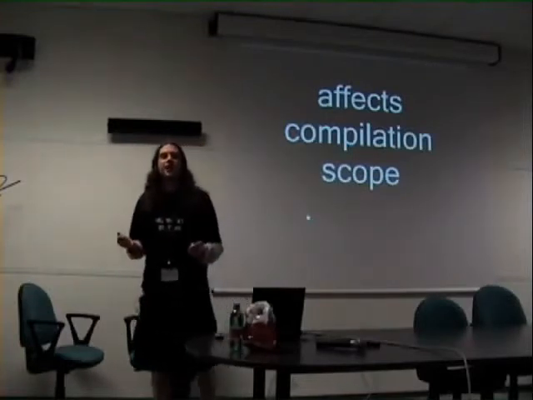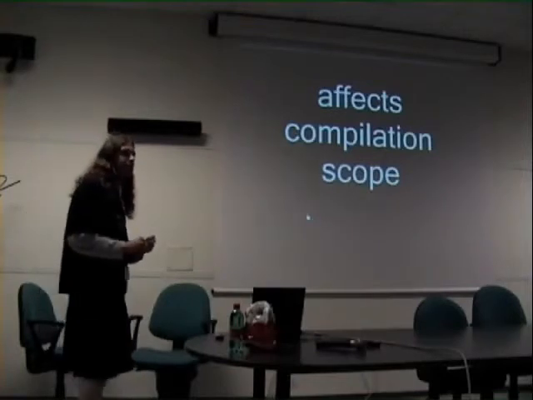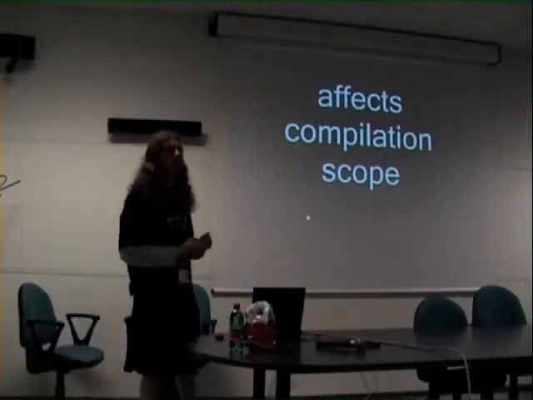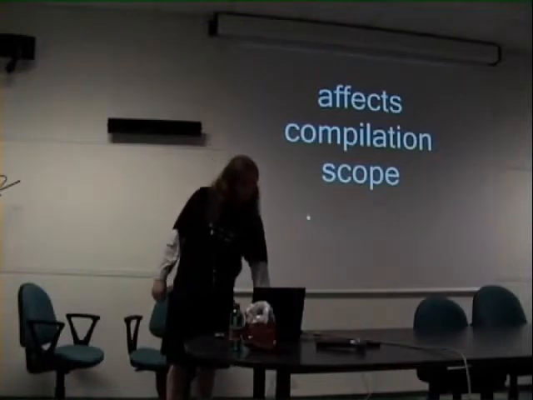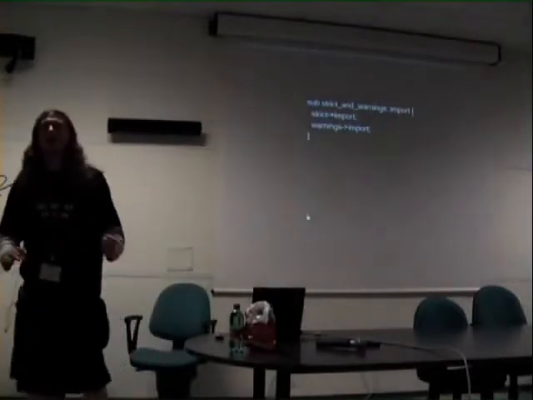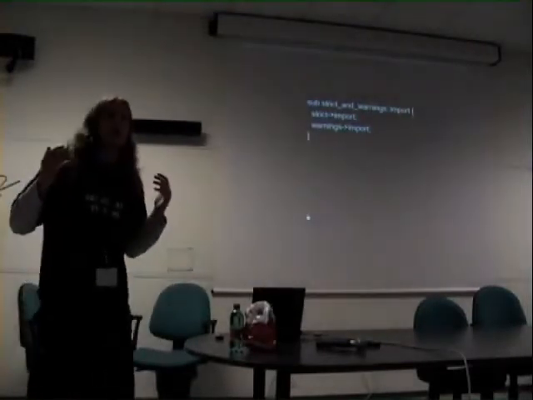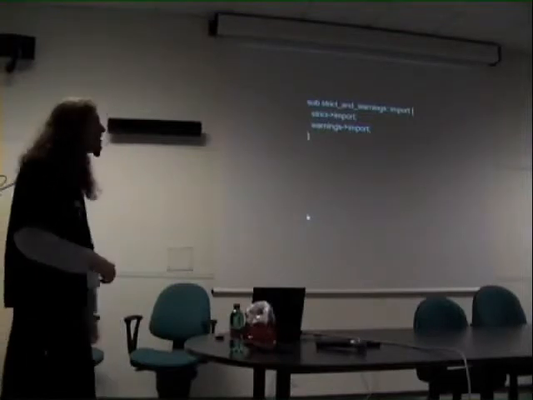And warnings does the same thing for a special value called warning bits. Which means you can, if you want, fiddle with those directly to turn strict and warnings on, but I would not recommend it. But the interesting thing about that is, because it's affecting the compilation scope, you don't have to worry about the caller or anything. The thing that matters is what the compiler's doing.